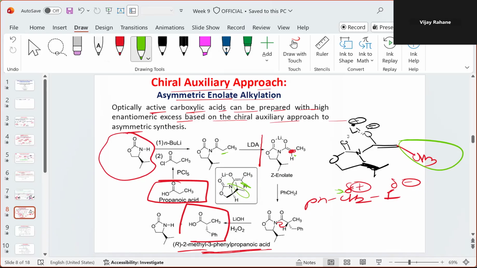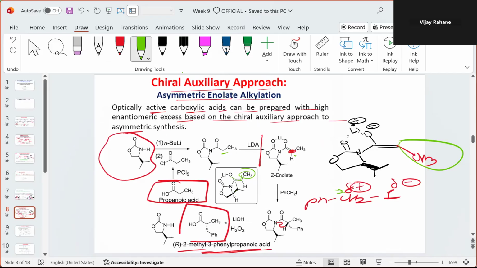But if the methyl is here and the hydrogen is here, then there will be steric repulsion between this isopropyl and the methyl. Therefore, if you keep the methyl group directing upward in this manner, the methyl group goes away from this bulky isopropyl group. So this is how we get the Z enolate as a major product.